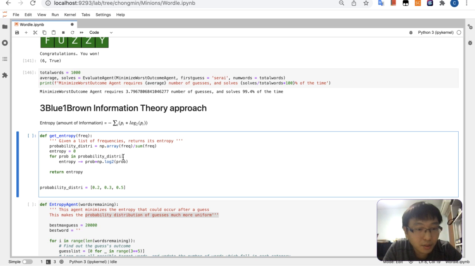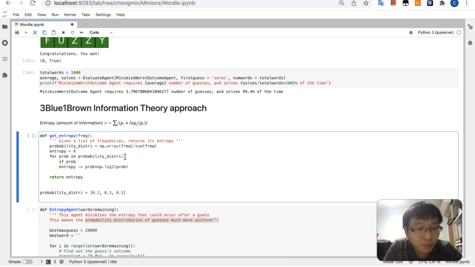If prop, so we don't add in the zero, because zero log zero is supposed to be zero, defined by Claude Shannon. So we have a probability distribution and then we get the entropy of this.